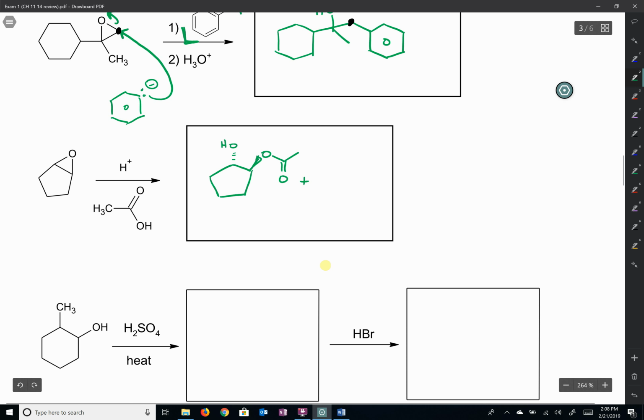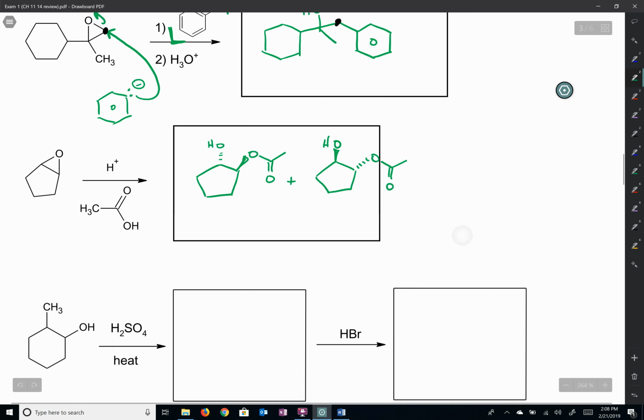And don't forget that we will make both enantiomers here, okay? Not both enantiomers, I should say the set of enantiomers.